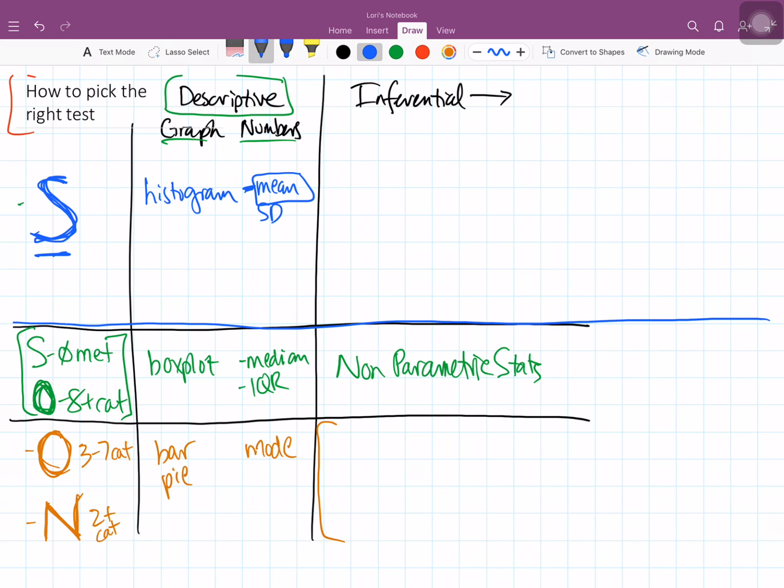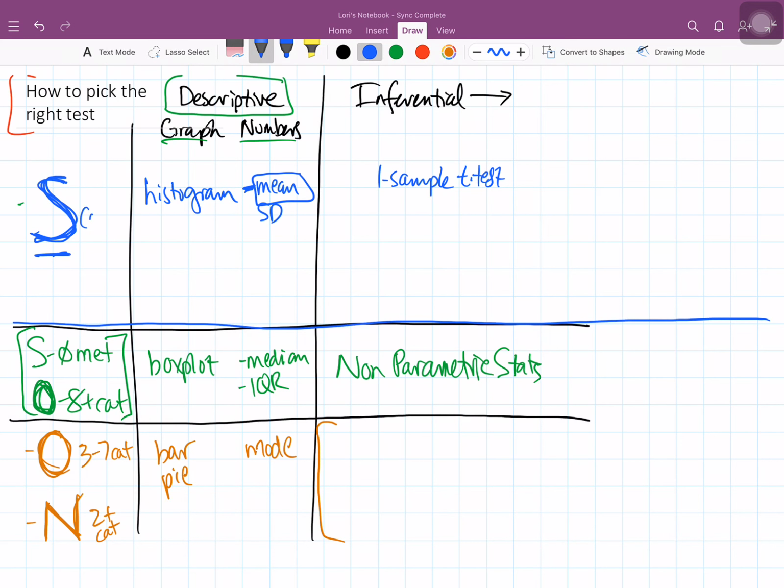So I'm going to go ahead and put those on this graph here so that you can see how those are related. And so if we have a one sample t-test, then if you remember, that really takes a continuous variable, right?